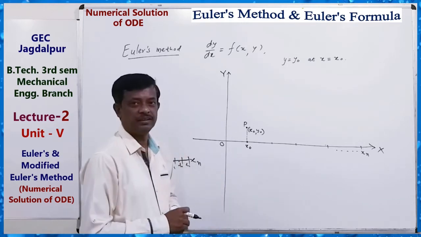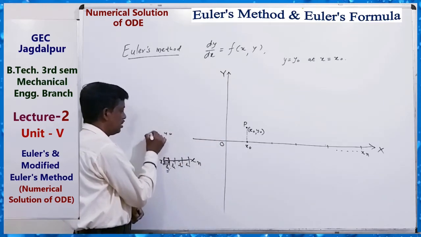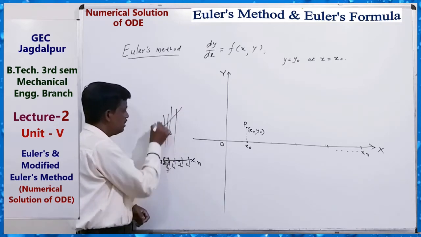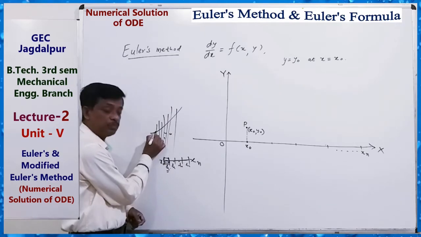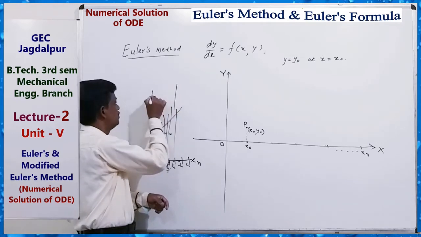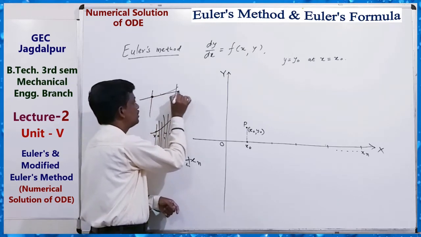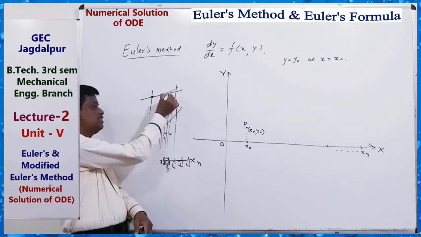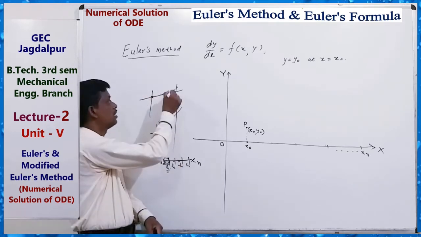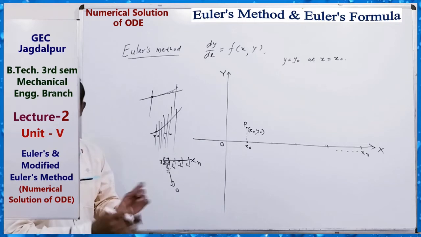Since the curve passes from x0, y0, in this interval we can approximate this part of the curve by a tangent. Means tangent may be used to approximate the curve if this interval is tending to 0, is very less.